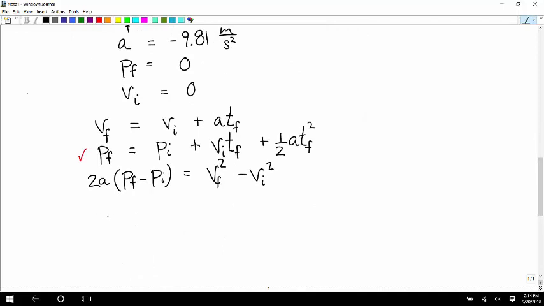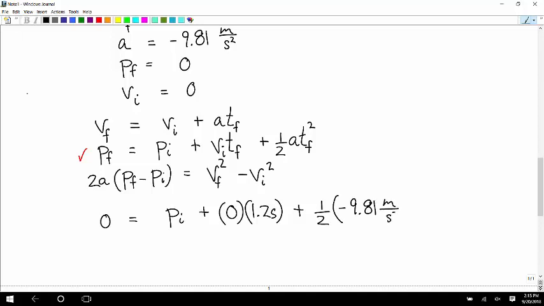So PF is 0, and that's equal to PI, which we're trying to find, plus V initial times time final. So that's 0 times 1.2 seconds, plus 1/2 times the acceleration, negative 9.81 meters per second squared, times time final squared, 1.2 seconds squared.